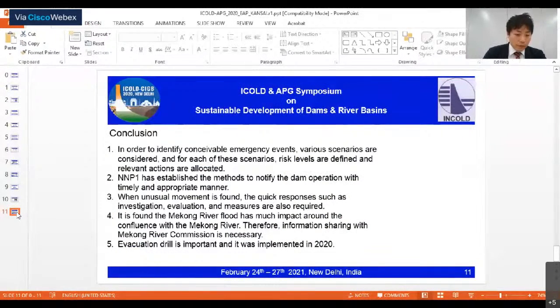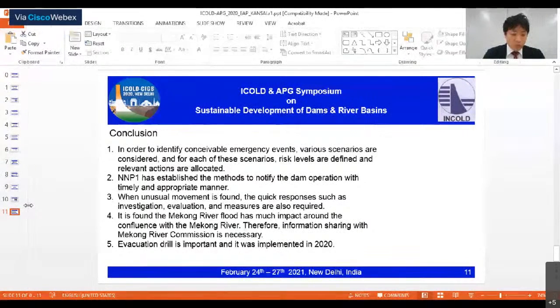In conclusion, first, in order to identify conceivable emergency events, various scenarios are considered, and for each of these scenarios, risk levels are defined and relevant actions are allocated. Second, NNP1 has established the method to notify the dam operation in a timely and appropriate manner.